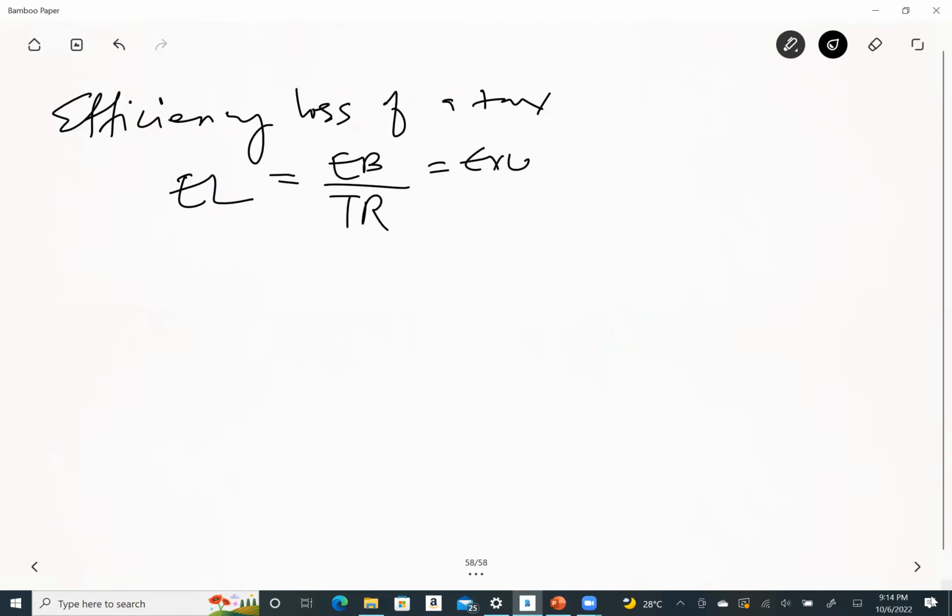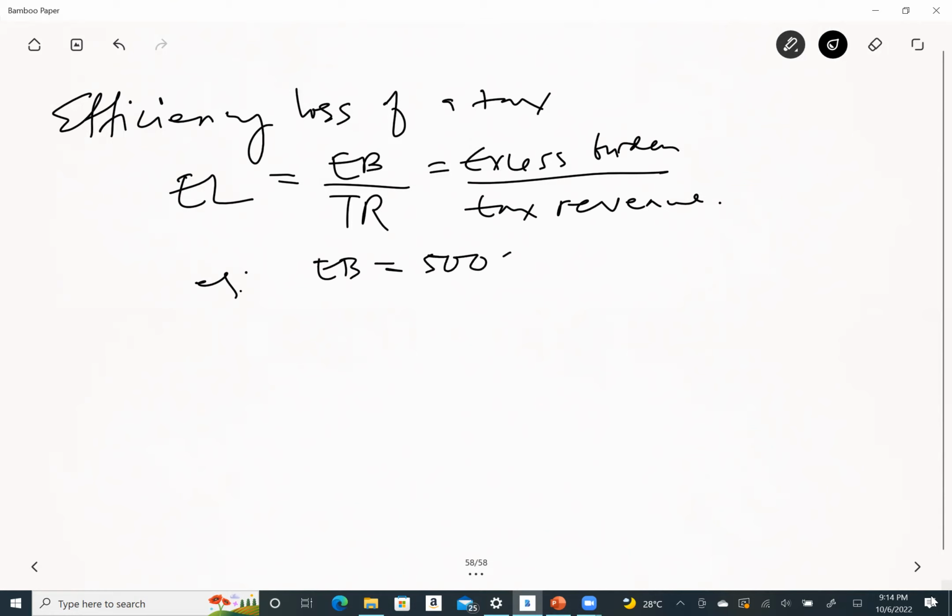This is excess burden divided by the tax revenue. So it's a ratio. Now, example, let's say your excess burden is equal to 5,000 and the tax revenue is equal to 20,000.